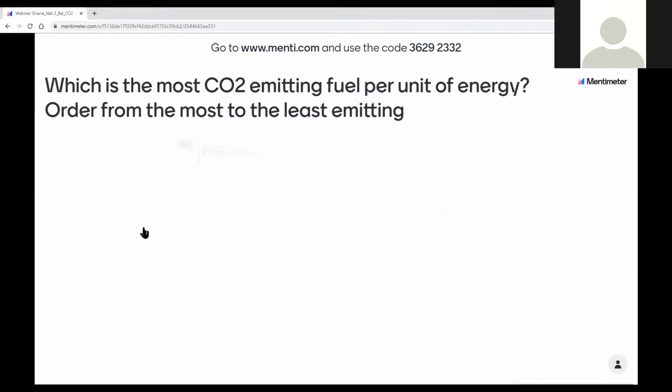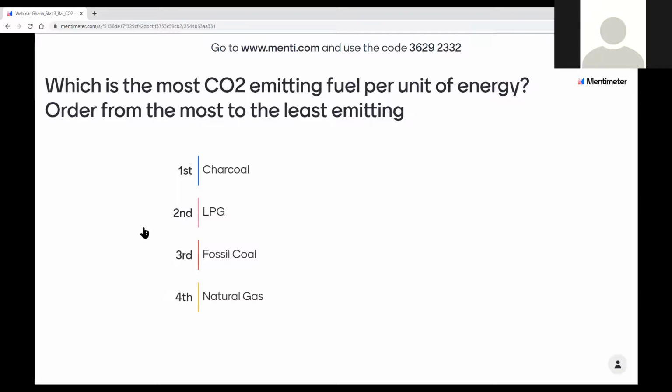Next question is, among the four fuels below, so charcoal, LPG, fossil coal, and natural gas, which one is the most CO2 emitting fuel per unit of energy? Order from the most to the least emitting. So among the four fuels below, which one emits the most to the least? So here you have to rank the different fuels.